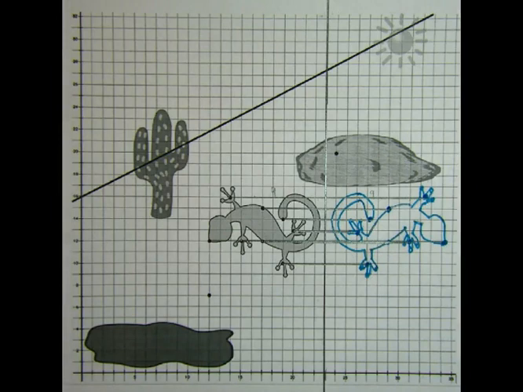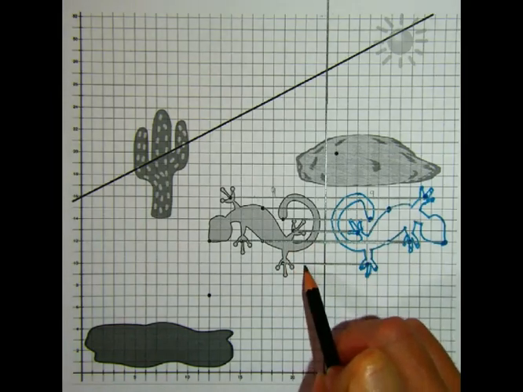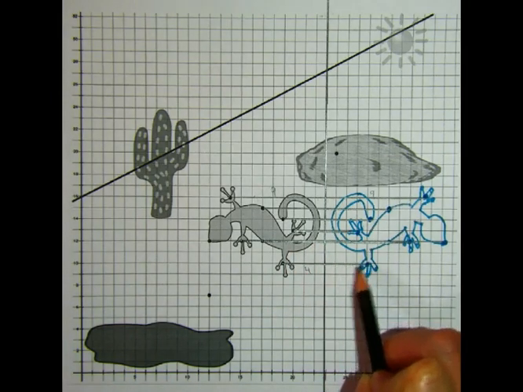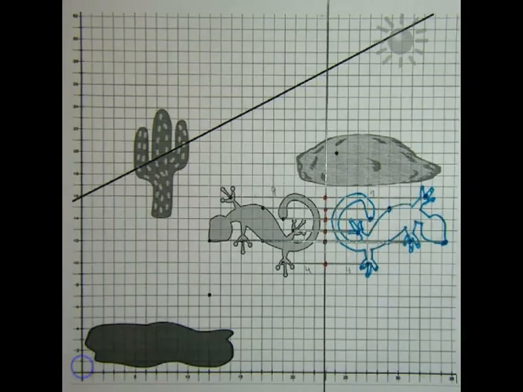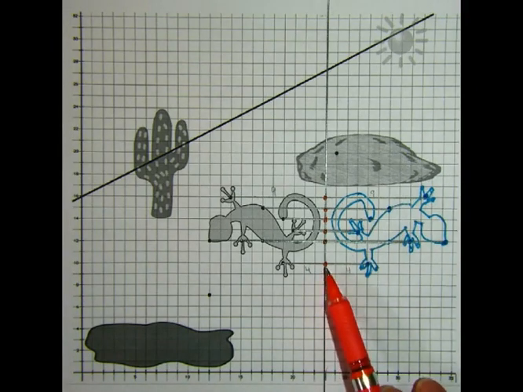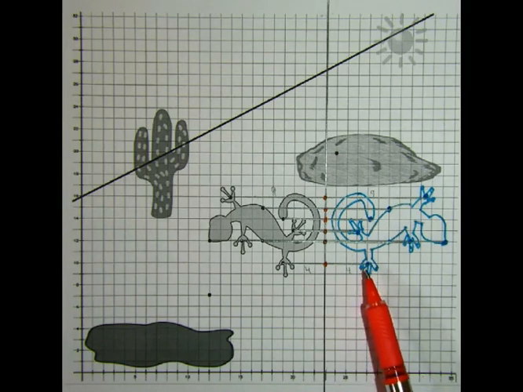This is true for all of the corresponding pre-image and image points. The line of reflection is passing through the midpoint of each segment connecting the pre-image and its corresponding image.